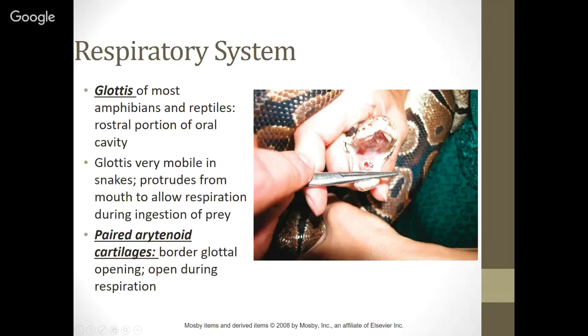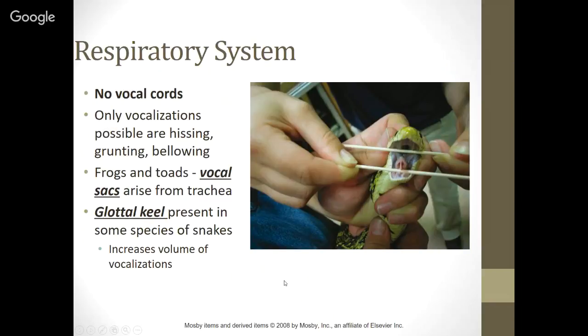There are paired arytenoid cartilages on either side that border the glottal opening, and they are open during respiration, just like in mammals. They do not have vocal cords. The only vocalizations that are possible are hissing, grunting, and bellowing. Frogs and toads have vocal sacs that rise from their trachea, and you can hear frogs and toads making certain chirping sounds or singing sounds or bellows.